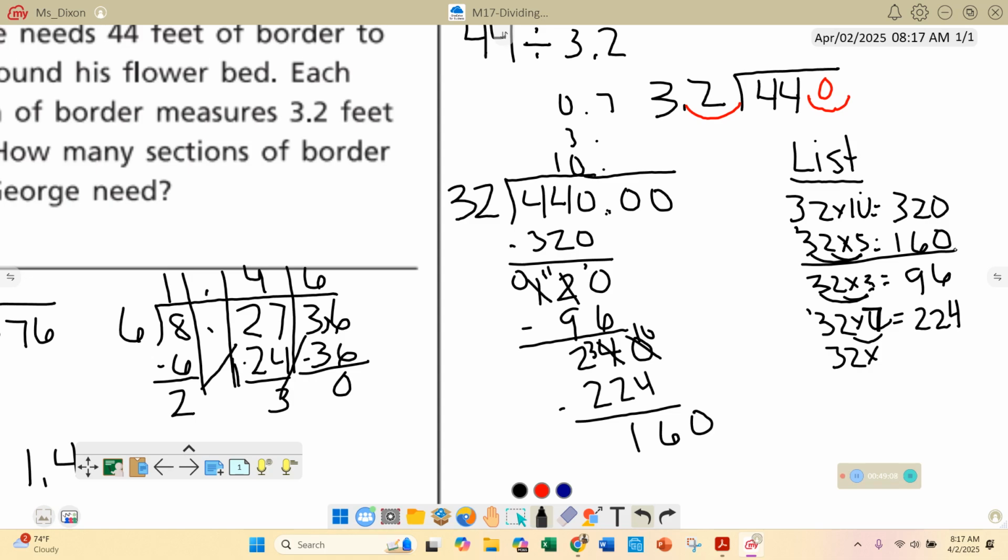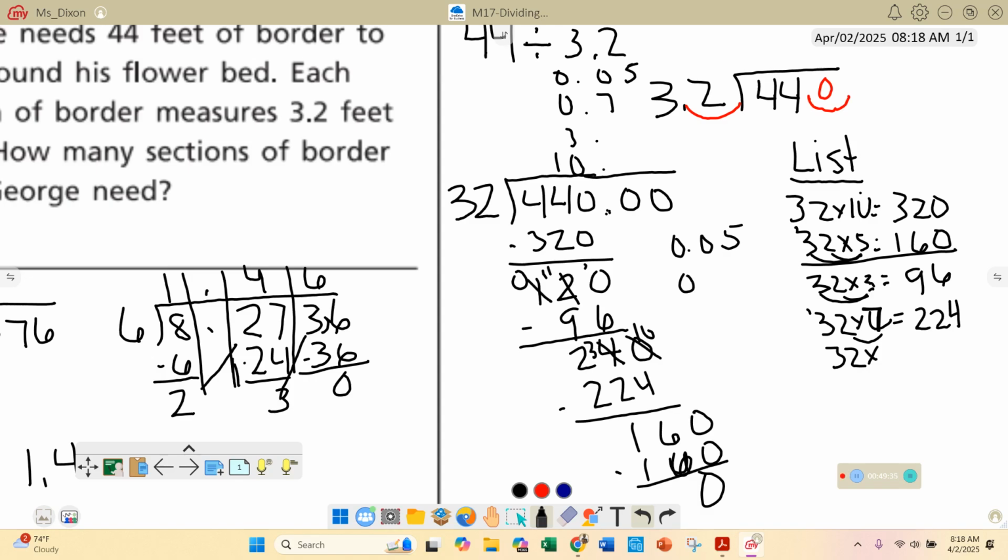Don't forget you're bringing that decimal up. That 5 needs to go over the 0 that we added. So we need to put zeros in the empty spaces. That would be 160. And we have 0.